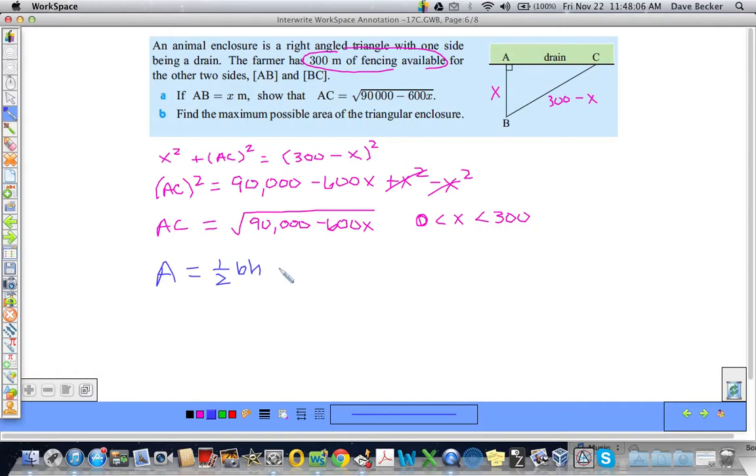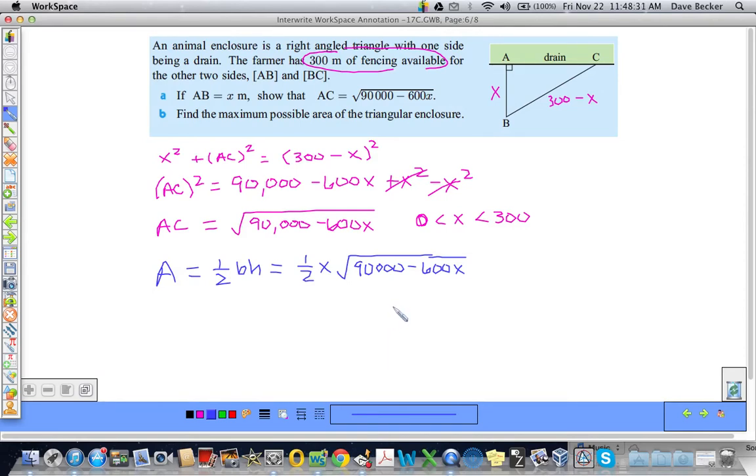So I'm going to say that the area is equal to 1/2, and I'm just going to put x first, even though it's not the base, times the square root of 90,000 minus 600x.